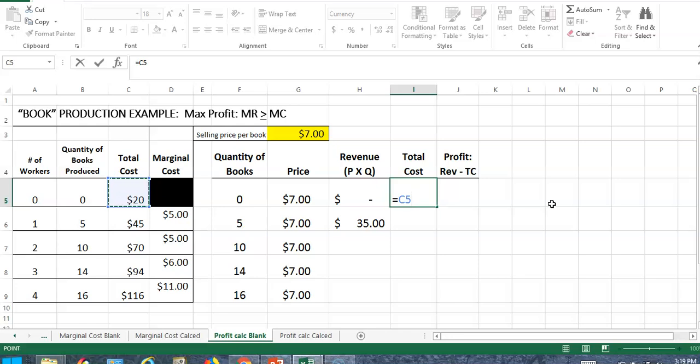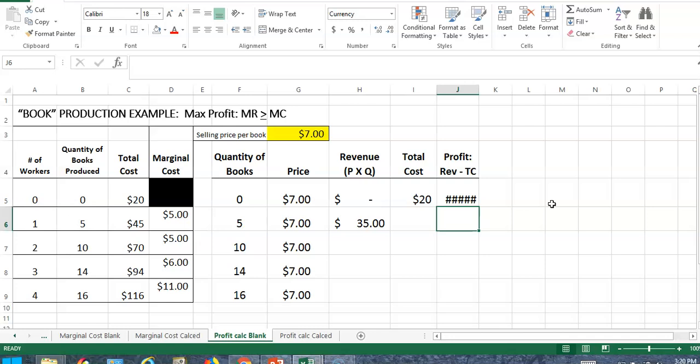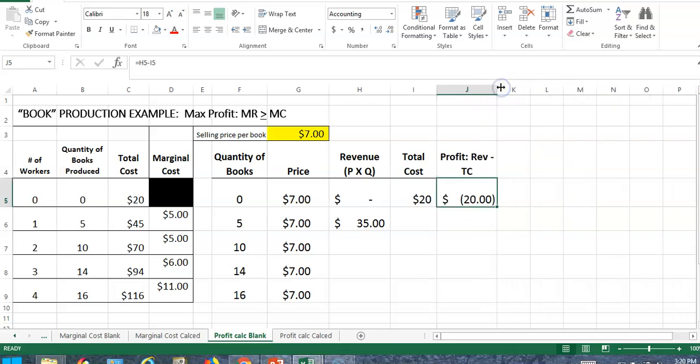We still had to pay for the stapler and the pen. So it's still $20. So if we don't produce anything, our profit is revenue of 0 minus total cost. There we go. Profit is a negative $20.